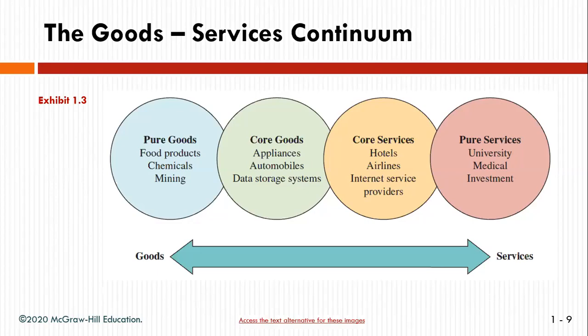And then you get the core services like hotels, airlines, internet providers. Their goal is to sell you the services, but they provide you some products behind it. And then you've got the pure services like university, medical and investment companies. So these are the extremes, the four types available in the market, or a combination between them.